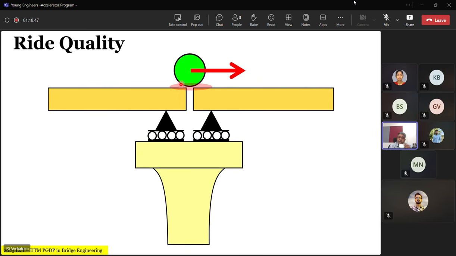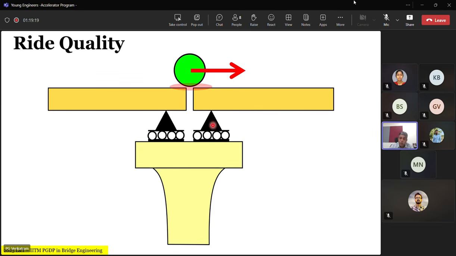As you can see, there will always be a vertical displacement and a horizontal displacement. The ride quality issue arises from the rubberized wheel, which has a flat surface under load at the contact. When that flat surface comes to the gap, it flexes. Just imagine going from round to flat: if I straighten it suddenly over a short interval of time, the air is pressed and sound is produced.